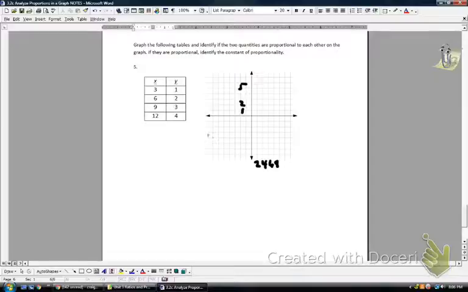Alright, so my first point is 3, 1. So 3, 1 is going to be right there. Then I have 6, 2. 2, 4, 6, 2. Then I have 9, 3.